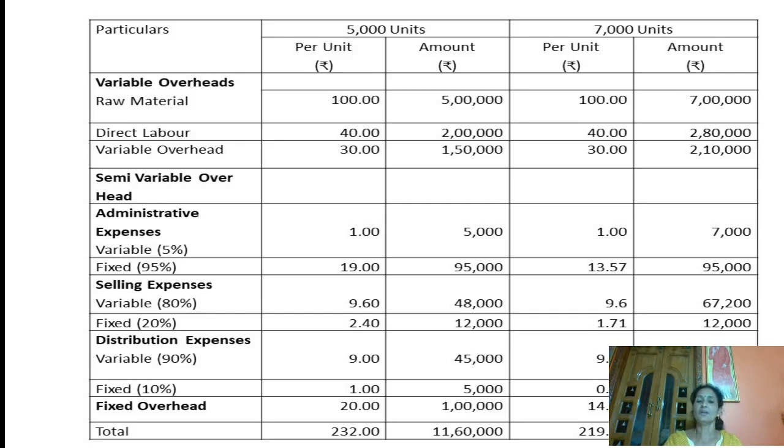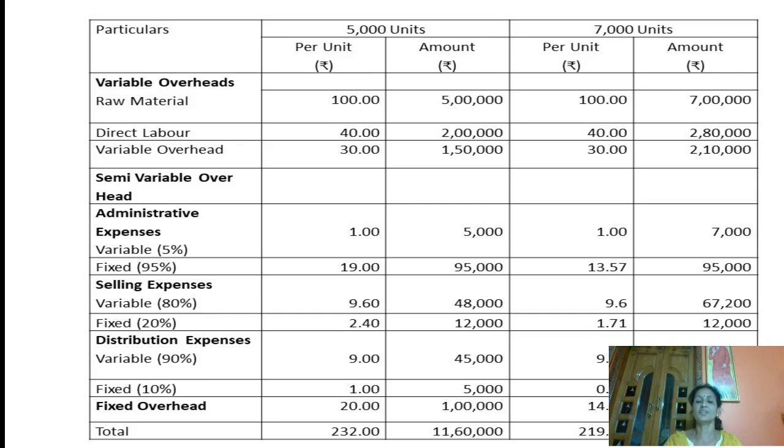So the total amount related to administrative expenses which is fixed, that is 95,000, you can take the same for 5,000 units as well as for 7,000 units. But one thing you can check here is that the unit cost varies. In variable, what varies is the amount.